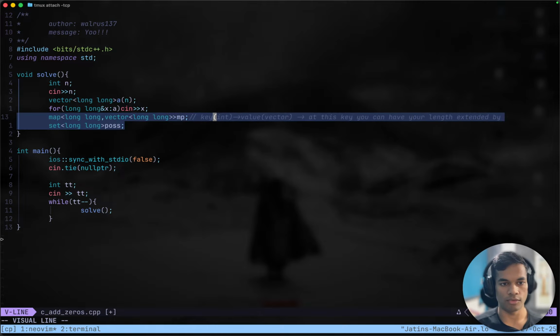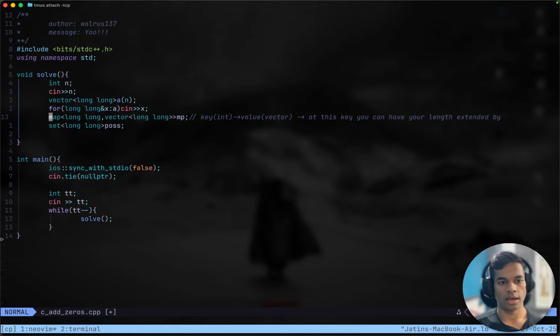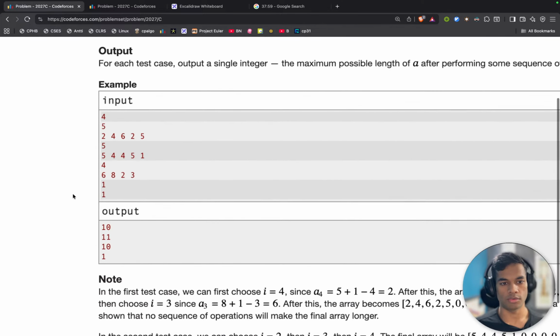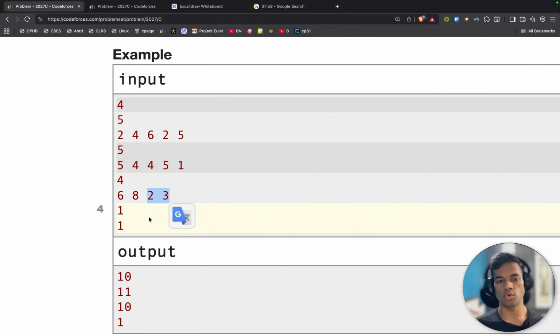That makes sense. And this works because we are going through all the elements only twice. First, when we are filling the map, and second, when we are going through the map itself. The key is how many extra elements are required to be added onto the right to make the operation on this number possible. So for this 2, starting from where the 2 appears till the end, there have to be 2 elements.